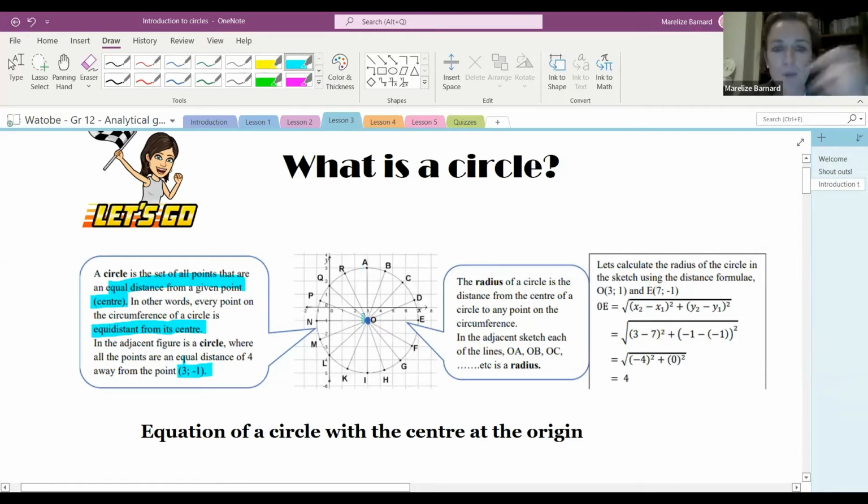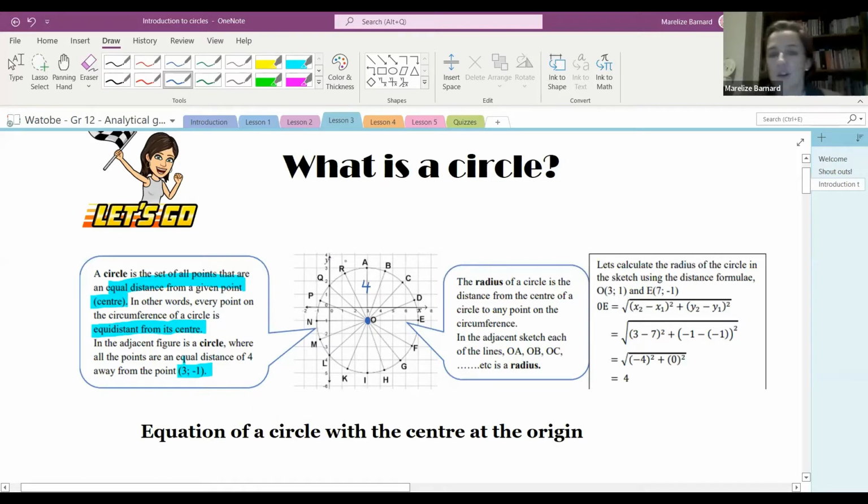And point A, point B, point C, etc., they are all the same distance from that point, which is the radius. And in this instance, it is 4. The distance that each point is away from the center is 4. So OB is 4, OC is 4. All these distances that we call the radius will be 4.